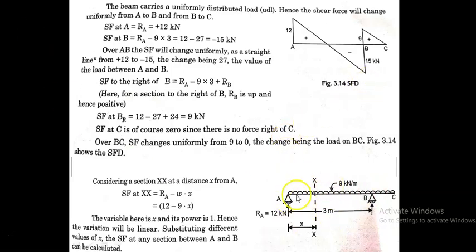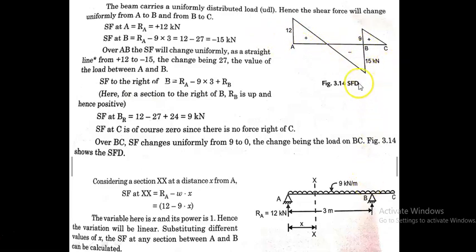Now from A to B, 9 into 3, 27 kilonewton is acting downward, and therefore upward 12 and downward meet at a point 0. Further it moves 15 towards the negative side. Therefore we get the total downward force 27 kilonewton from A to B.